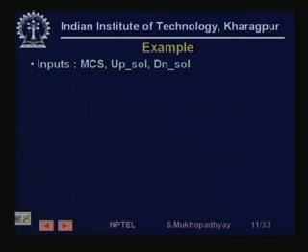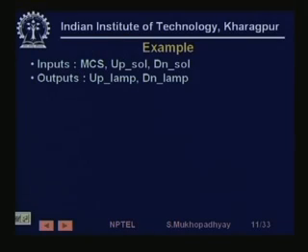One is the up solenoid, another is the down solenoid, and the third one is a master control switch. So these are the three input variables. They are all external to the system. And each one of them, for example the up solenoid and the down solenoid, may take two values, either 0 or 1.